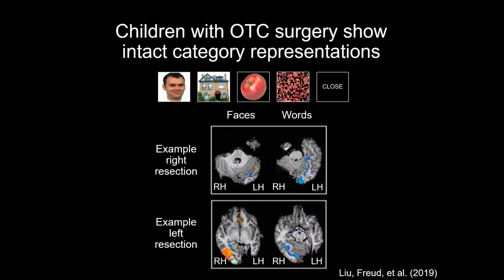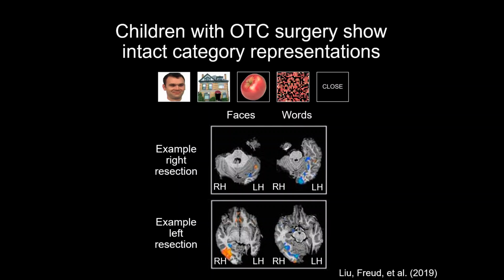And what was found in this study was that no matter which side the resection was on, category selectivity could be detected in the preserved tissue that's left behind. So if you have surgery on the left, you can show category selectivity on the right for all your visual categories. But this is just capturing patient data at one point in time.